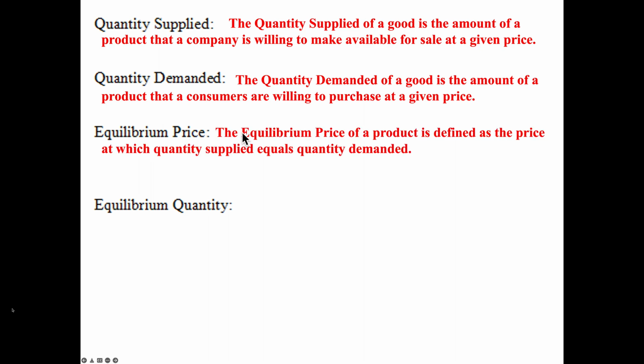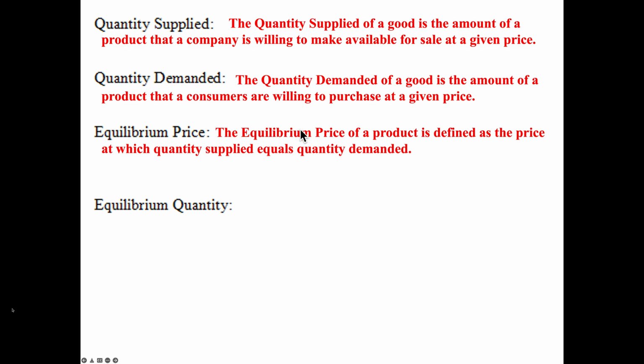Really lower the price. Now it's on sale, people are going to snag it up. Equilibrium price is defined as the price at which quantity supplied, that's what the company's willing to put out, equals the quantity demanded.